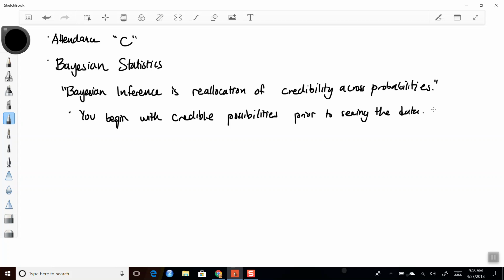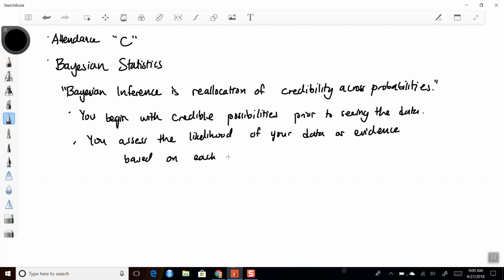And then you assess the likelihood of your observed data under each of these prior possibilities. Of your data or evidence based on each of these possibilities. So you have to assess all possibilities is what we do.